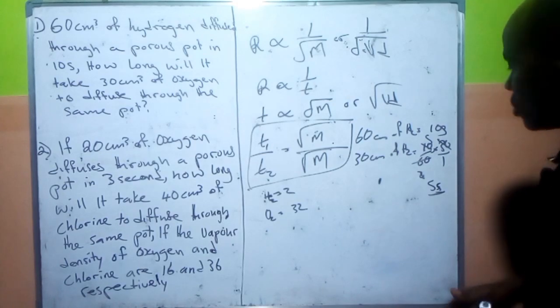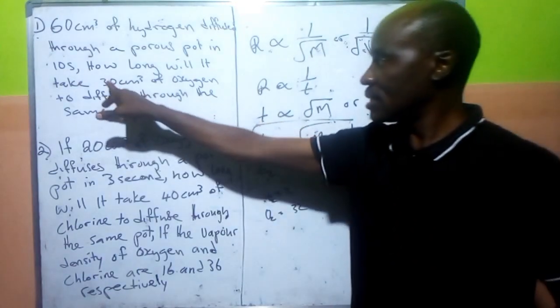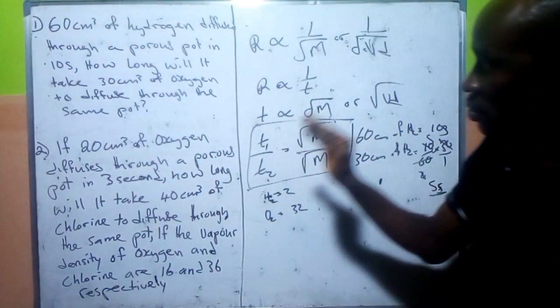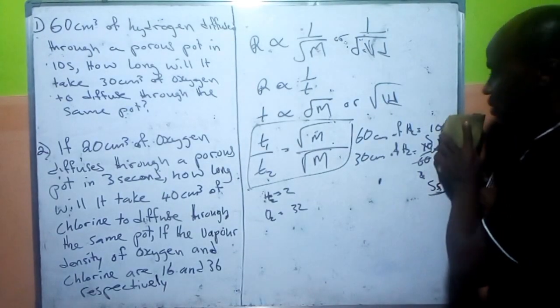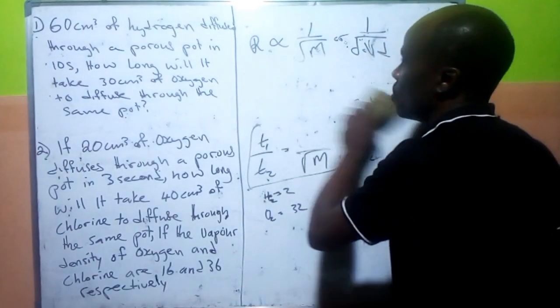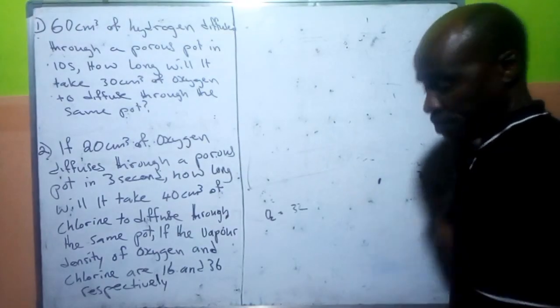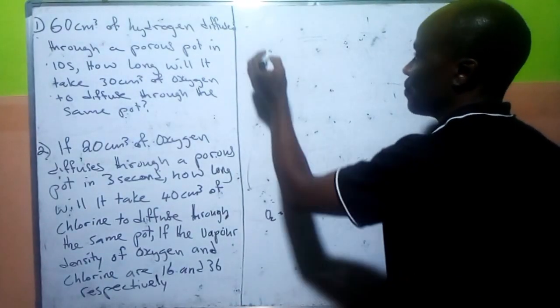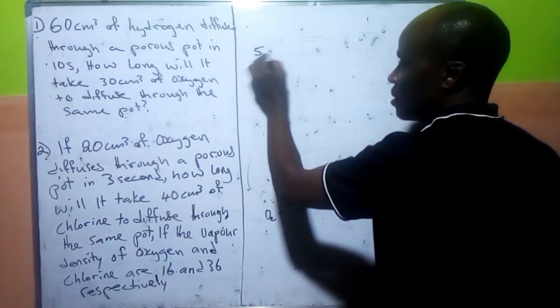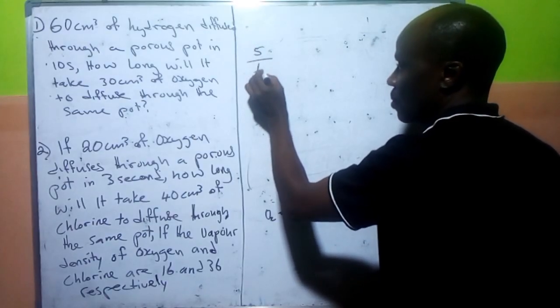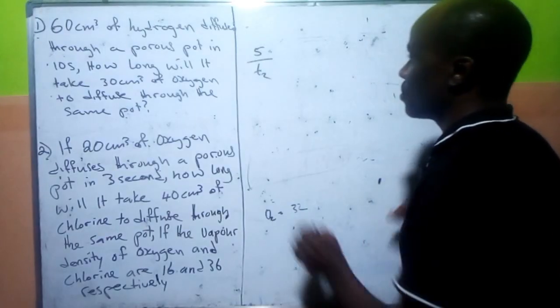So now we have the time it takes 30 cm cube of hydrogen to diffuse. Since they are in the same volume, we can now compare them. For hydrogen, 5 seconds. Then oxygen, we don't know, so this one is for oxygen.